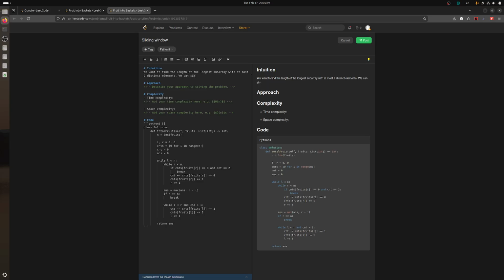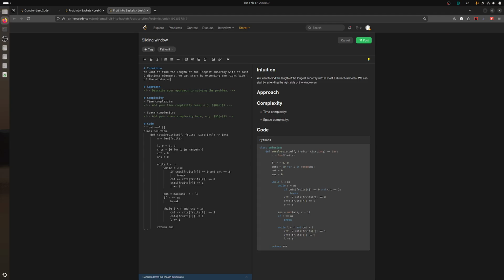We can start by extending the right side of the window until we have at most 3 elements.